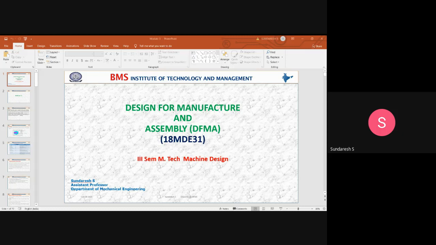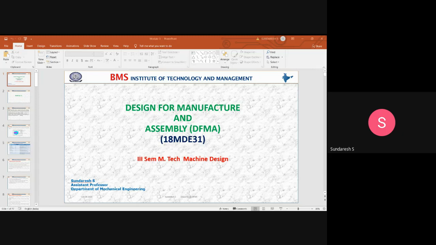The reason he's supposed to know is that the ultimate task of a design engineer is to reduce the cost wherever it is possible. I mentioned at the end of yesterday's class that almost 50 to 60% of the cost of manufacturing a component is based upon the material and the manufacturing processes, right?